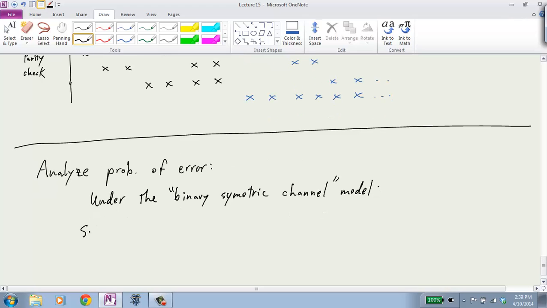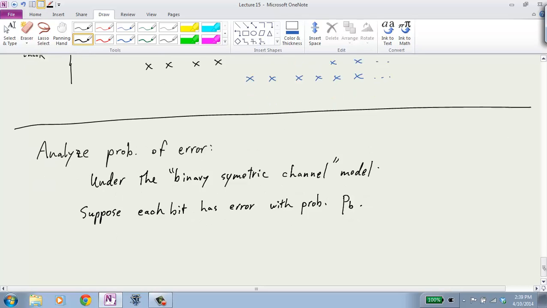We'll suppose that each bit flips with a certain error probability, and they're all independent. So we have some p_b. That's the parameter that says the chance of each bit flipping.